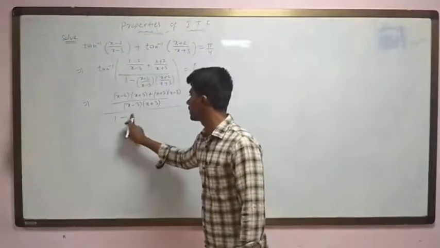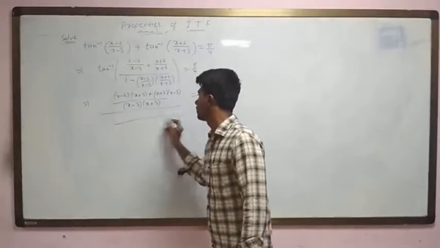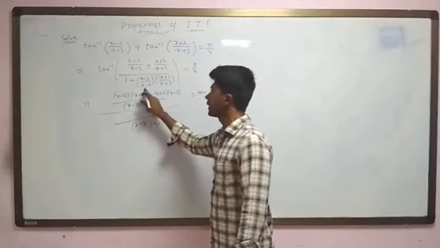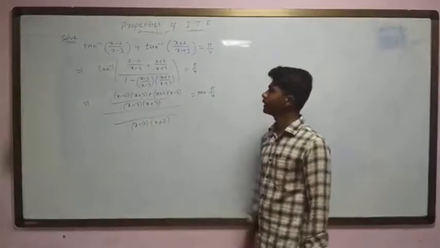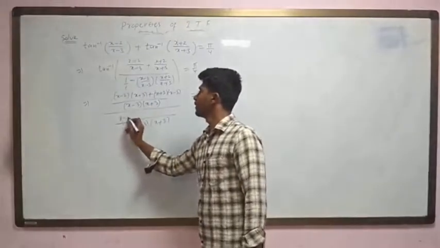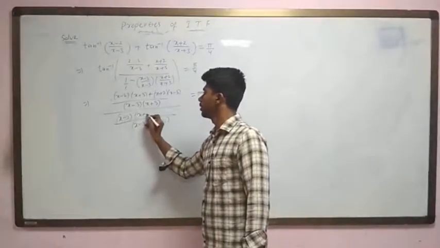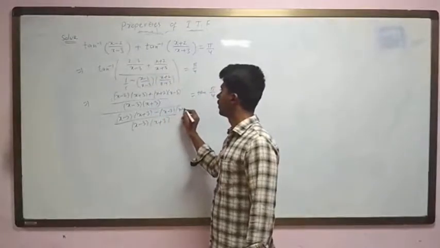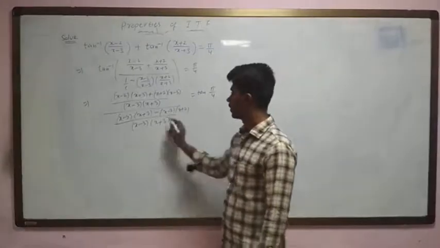What will be the LCM for this? LCM (x minus 3) into (x plus 3). So we have 1 by 1, so we get here (x minus 3) into (x plus 3) minus (x minus 2) into (x plus 2).